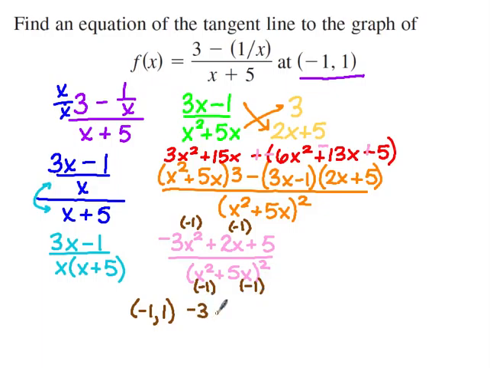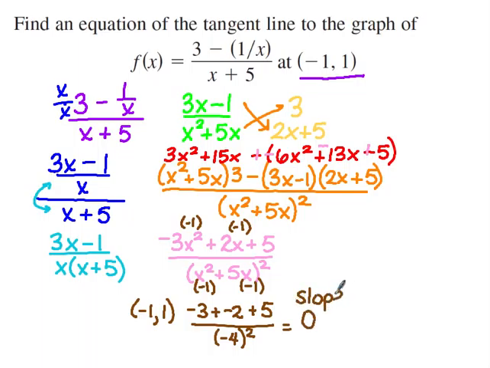Negative 3 plus what? Negative 2 plus 5. All over, let's look at the denominator. Negative 1 squared plus negative 5 is what? What do you get on the top? 0.